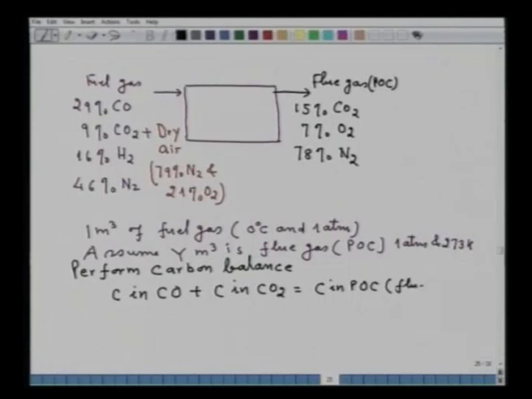Both are the same thing. I may use these terms interchangeably. You can call it products of combustion or you can call it flue gas. Since no losses of carbon are given in the problem, whatever carbon is input, that carbon has to come out.